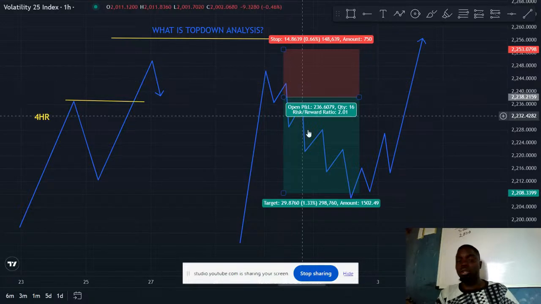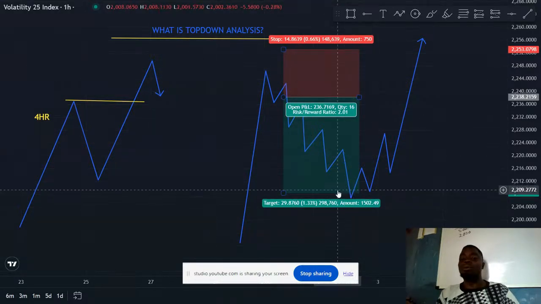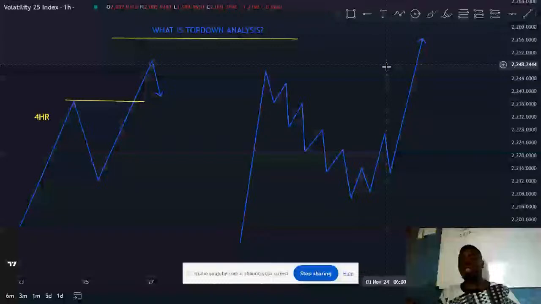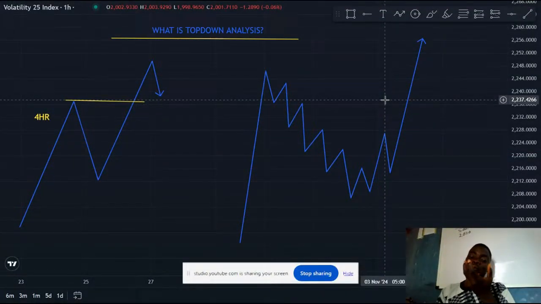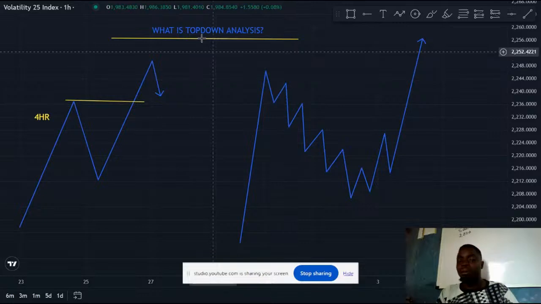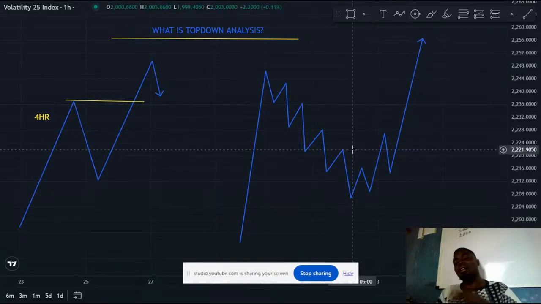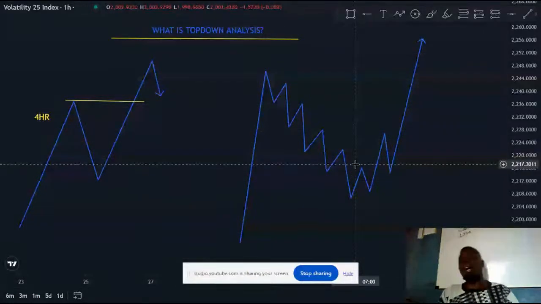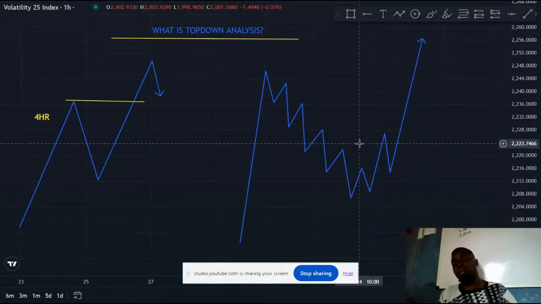You want to short, but mind you, the entire trend is bullish. At some point, it will flip. The entire trend is bullish, but now on the 15 minutes, you are seeing a bearish trend. Very soon, the buyers will come in, and that will be indicated by a market structure shift.